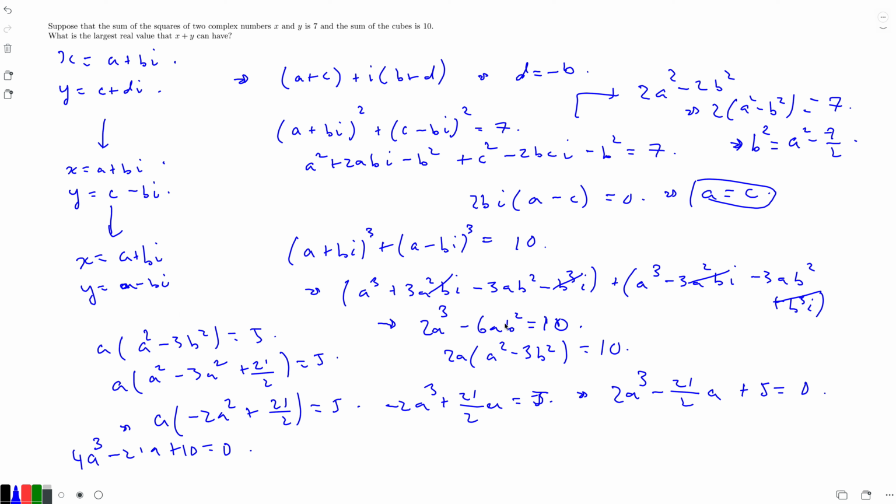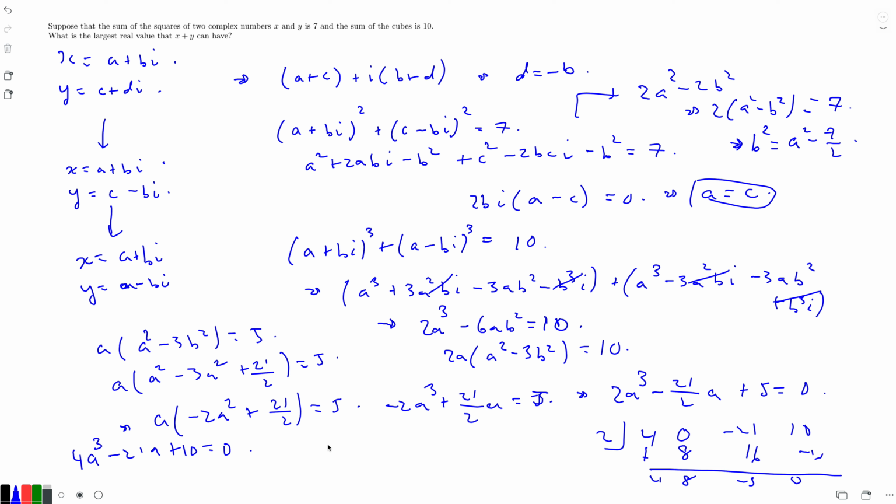So if we do synthetic division by factoring out a minus 2, we'll get our desired thing. So 4, 0, negative 21, and 10. Doing it, we get 4, 8, negative 5, and 0.